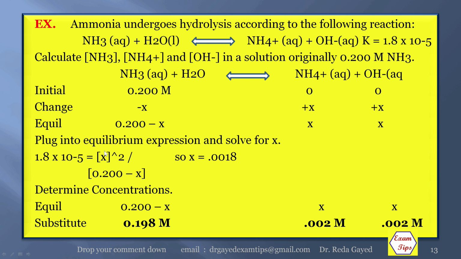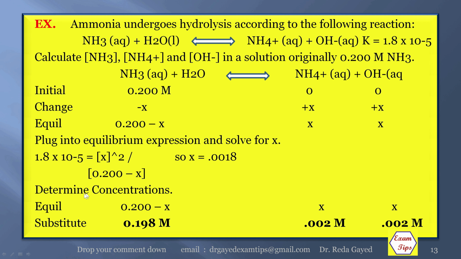So plug into the equilibrium expression and solve it for X. So 1.8 times 10 to the negative 5 equals X squared over 0.2 minus X. Why X squared? This is X multiplied by X, so it is X squared. And why is it 0.2 minus X? This is the reactants. So products over reactants. So X here is 0.0018.